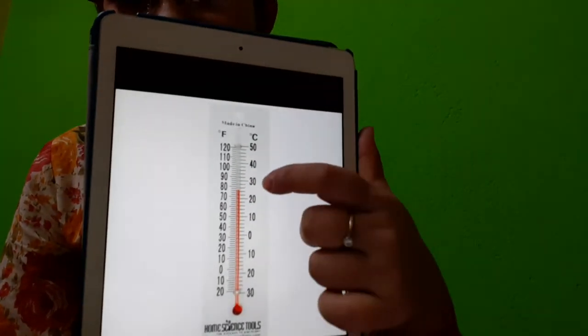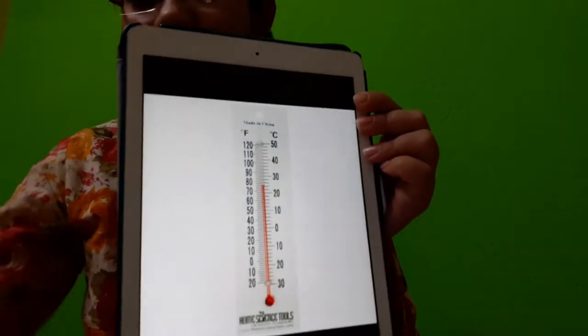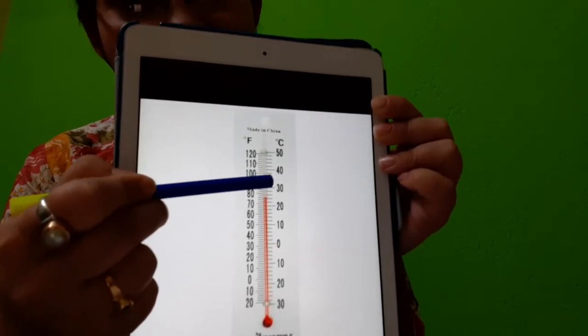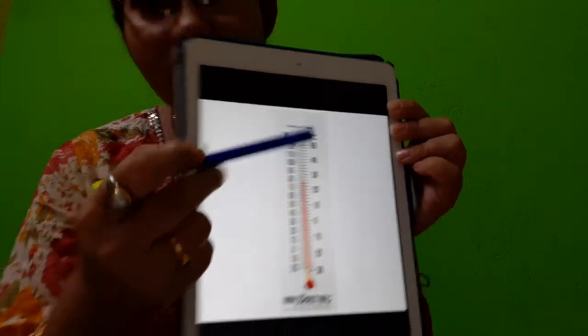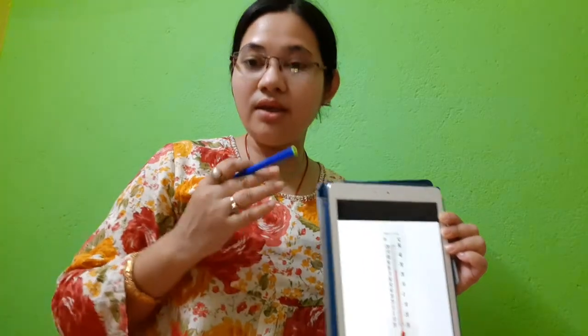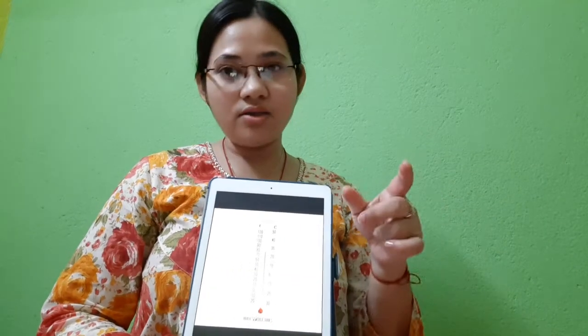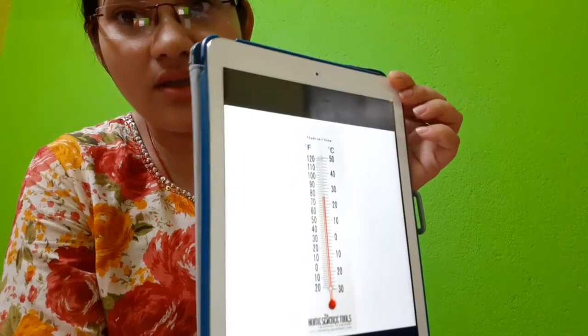The human body temperature, you know, is 37, and somewhere here this 37 corresponds to 98.6. So the human body temperature in Celsius is 37 degrees Celsius, and in Fahrenheit is 98.6 degrees Fahrenheit.